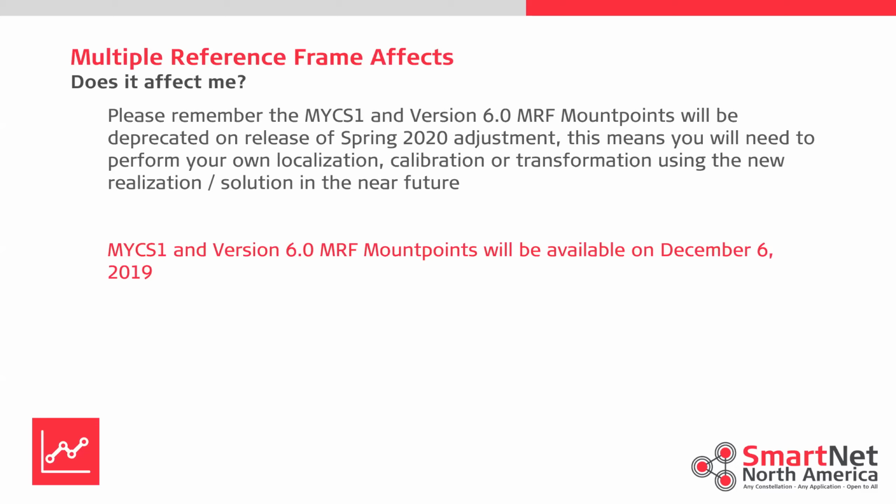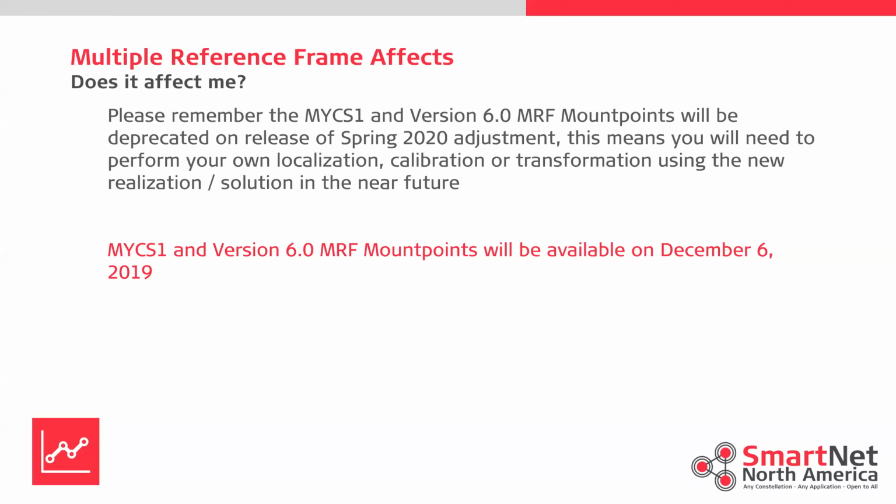Today, right now, if you're working in Georgia, and you were to get on to RTCM3_IMAX, and you were to get a correction, you're getting NAD83, NA2011, MYCS1, epoch 2010 today. And you're connected to the station at Georgia Tech.